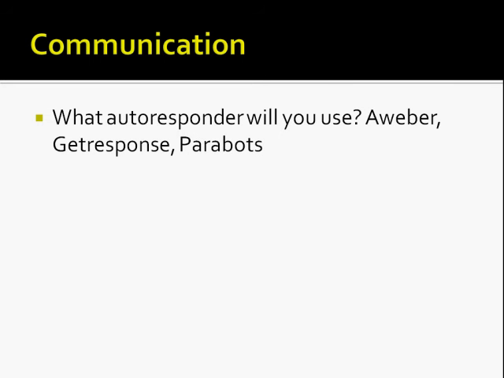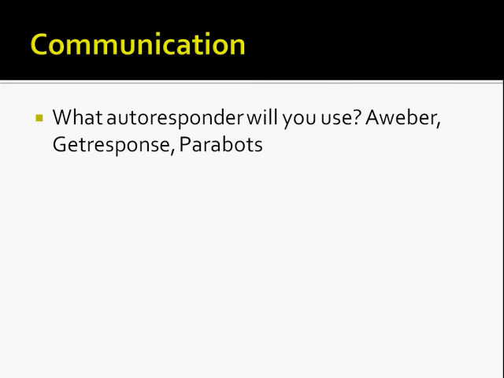For example, Parabots. If you go to parabots.com, or I believe if you Google Parabots, you will find a free script that allows you to build a list. Now, the only problem with hosting it on your own server is that over the amount of days, over the amount of months, people keep clicking the spam button, and that can affect you trying to email your customers, your prospects, and your affiliates.